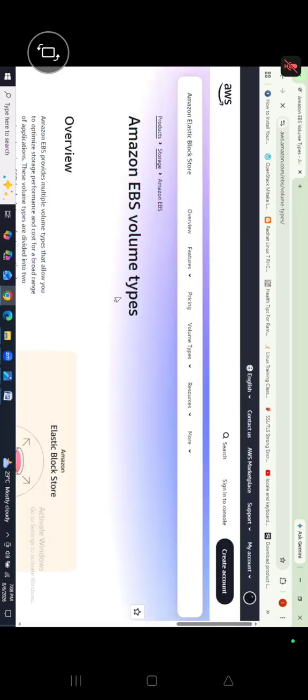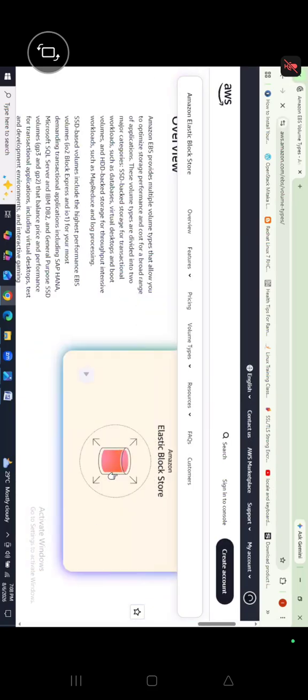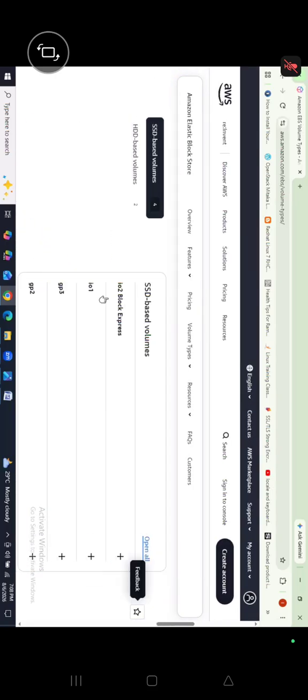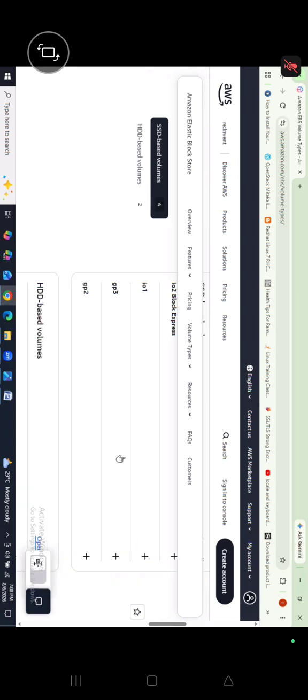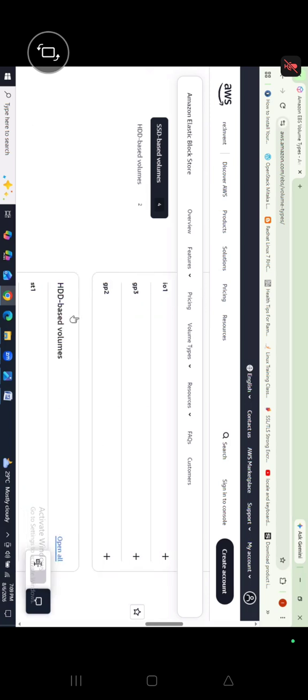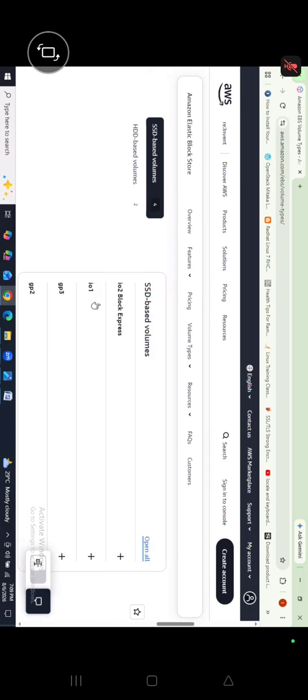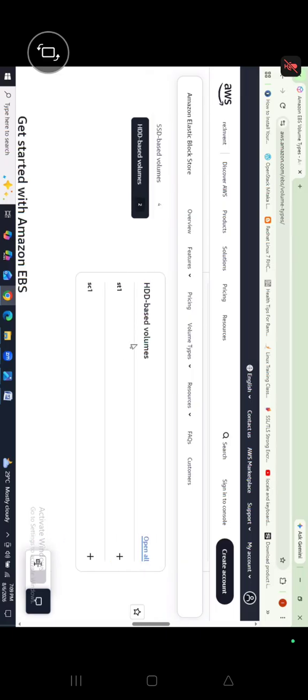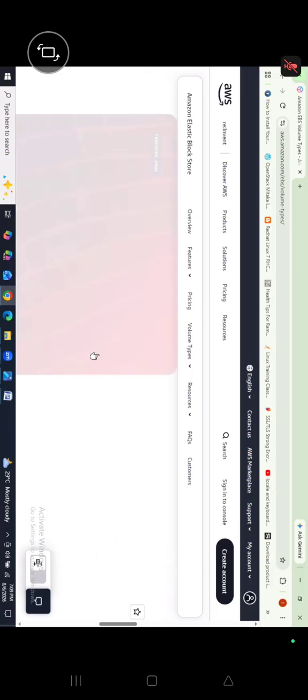Calculator also we should have. So they got changed a little bit. See here: IO2, HDD volume. Clear, guys? Same thing only, but the user interface is a little bit different.